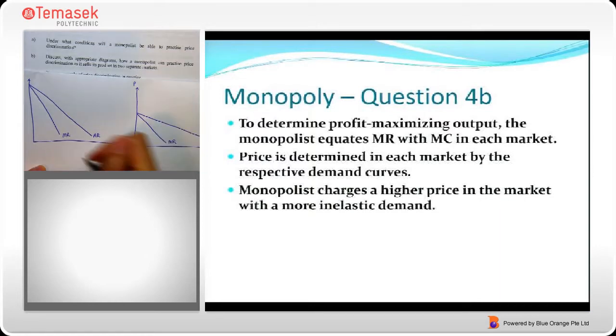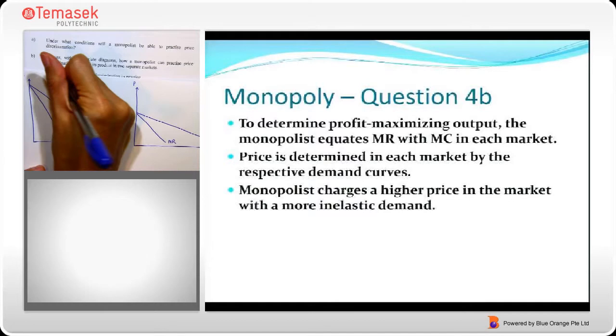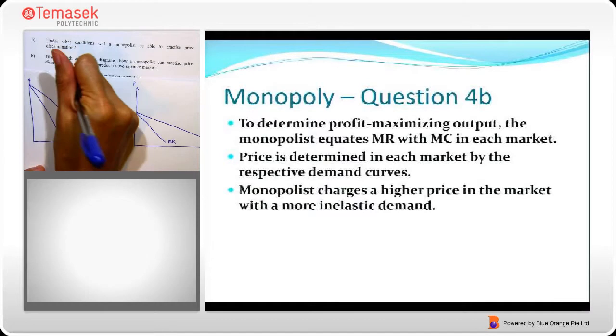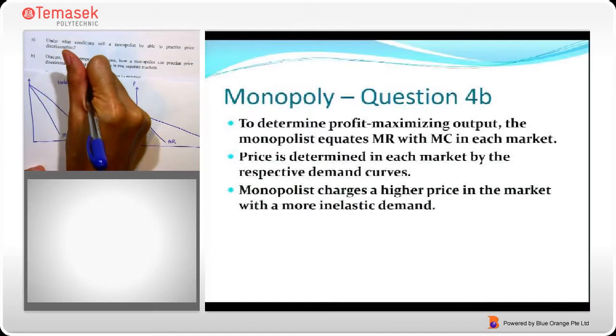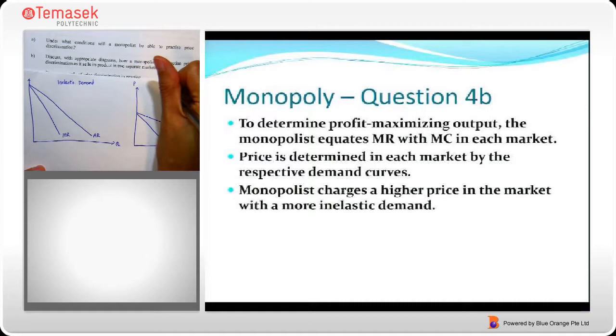So the one with the steeper curve will be the market with inelastic demand. The gentler curve will be elastic demand. So next we need to draw in our MC.